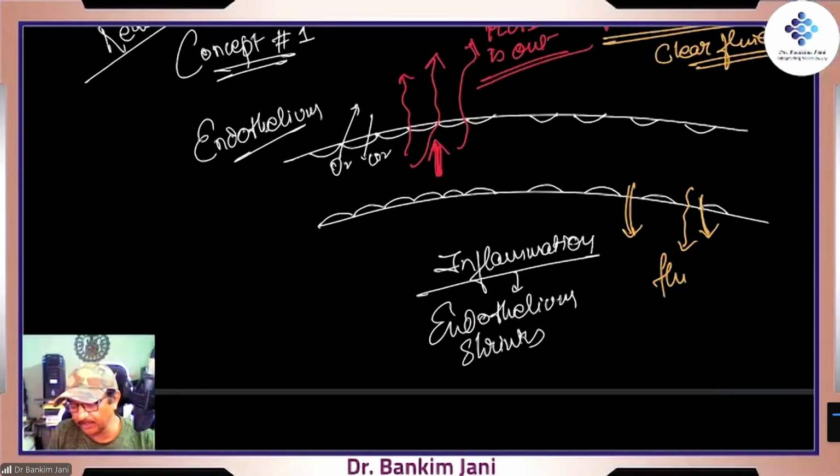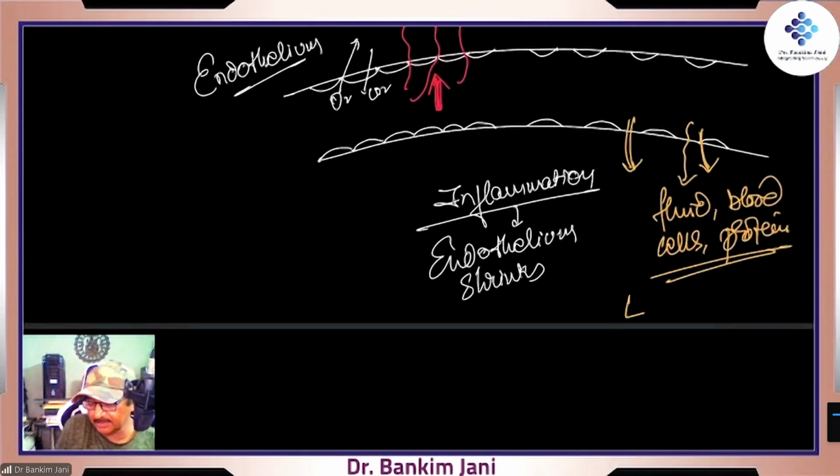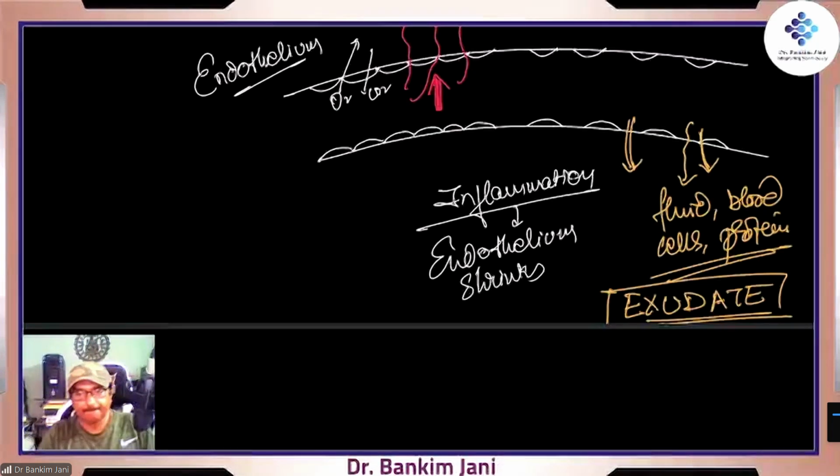So there is fluid, there are blood cells, there is protein, all of them are out. They are coming. This is exudate. Clear?